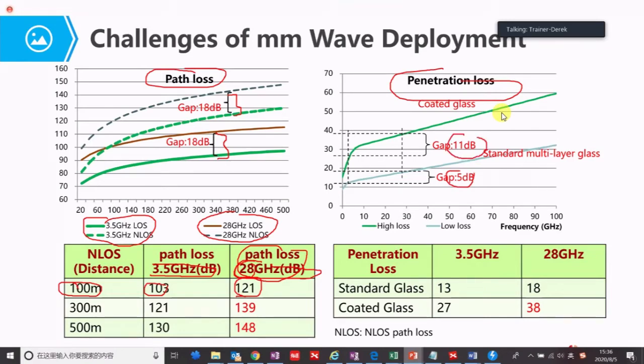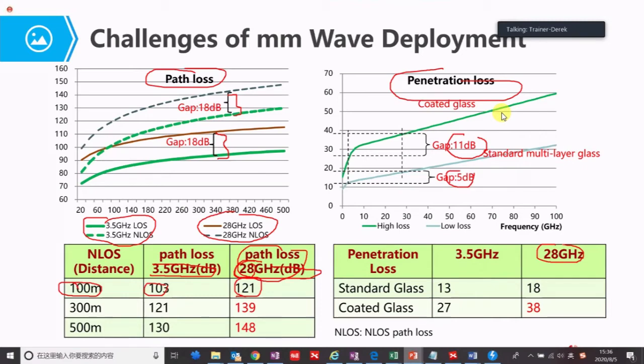So no matter the path loss or the penetration loss, millimeter wave loss is higher. It is only used for supplementary coverage, not for the main coverage.